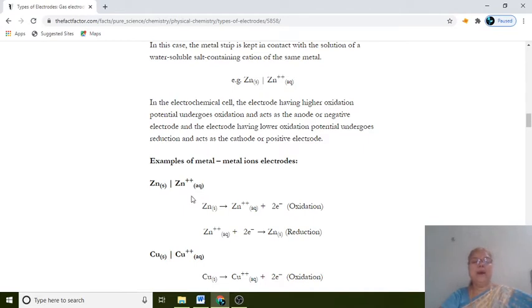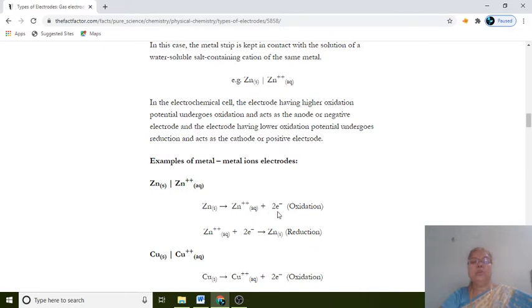Then the half cell reaction is written like this. Zn dissolves, it gives Zn++ ions in the aqueous medium plus 2 electrons, and this process we call an oxidation process. And when we write Zn++ ions plus 2 electrons, it gives Zn, that means this is the reduction process.